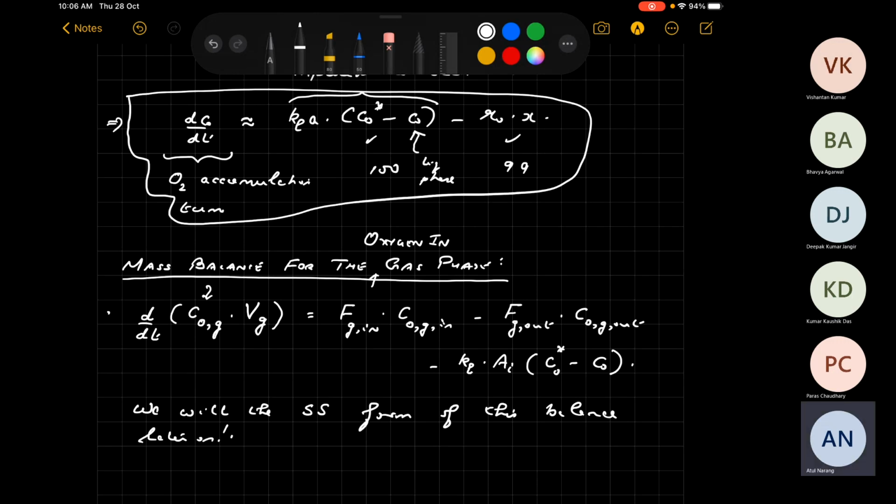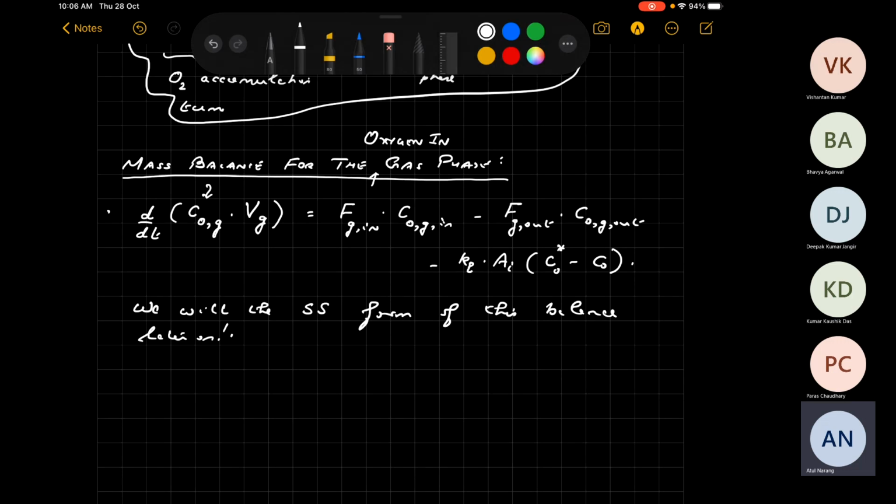So with that as the background, let's try a couple of problems now. This is actually example 2, minimum K_L a.